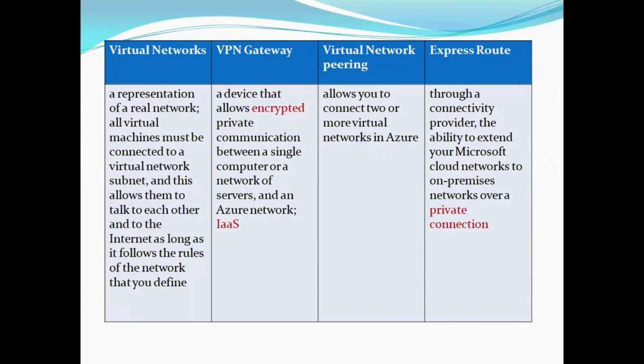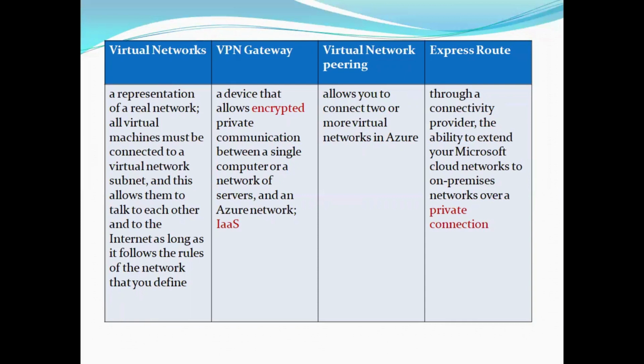So the type of network we need to select after seeing the word encryption is VPN gateway. It is a device that allows encrypted private communication between a single computer or a network of servers and an Azure network. That is where we use VPN gateway. Virtual network peering just connects 2 or more virtual networks in Azure.